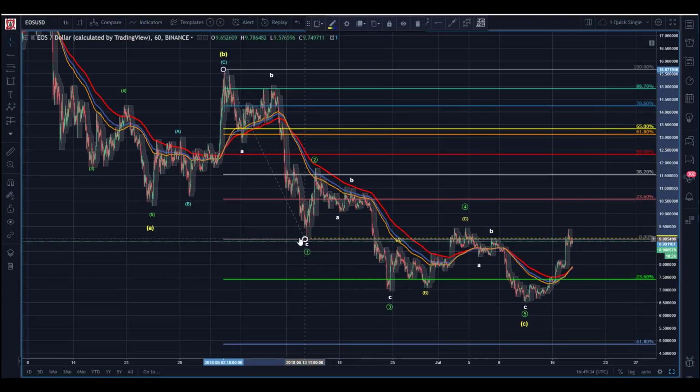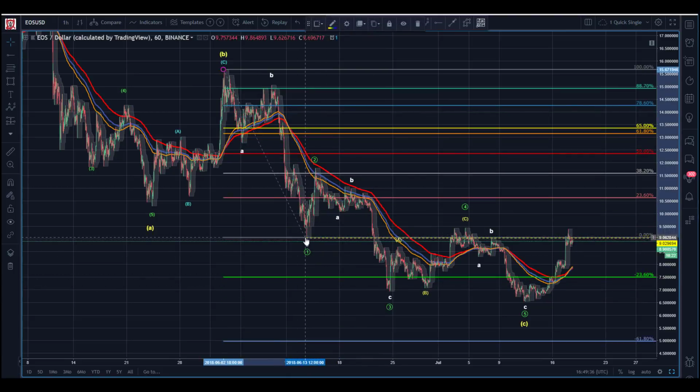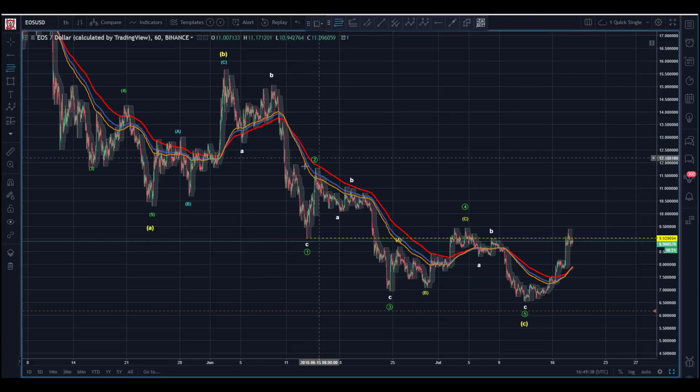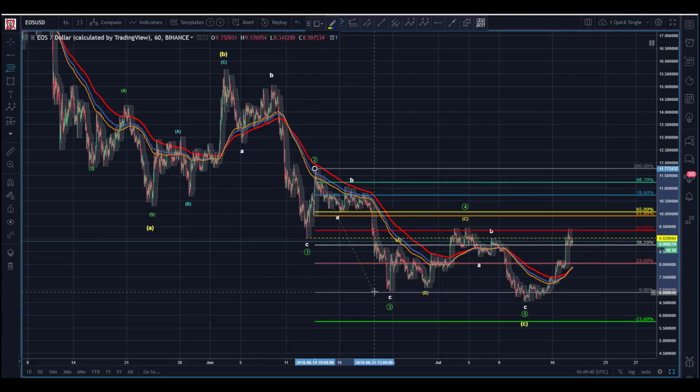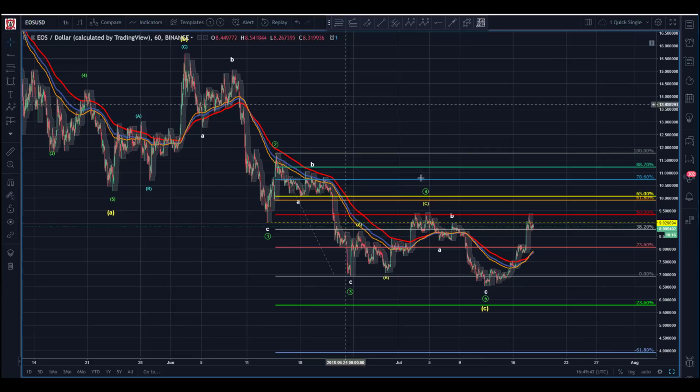Even if I do the same thing here, if I take my 2 and measure it like I would an impulsive wave count, I do get this little double pivot right here at the 50. Remember, an algo does not care about an Elliott count. Just taking swings, swing high, swing low. We go to the 50. Now they've been denied down here.